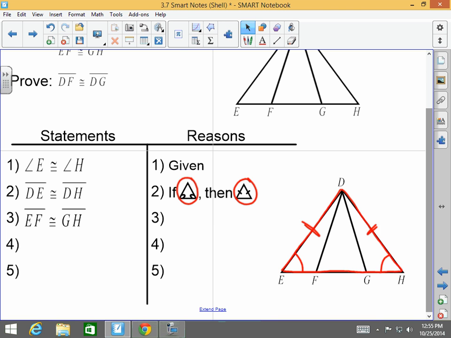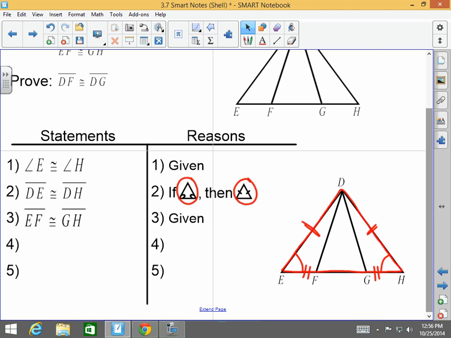Number 3, they tell you that EF is congruent to GH. That is a given. And now, look at what we have here.